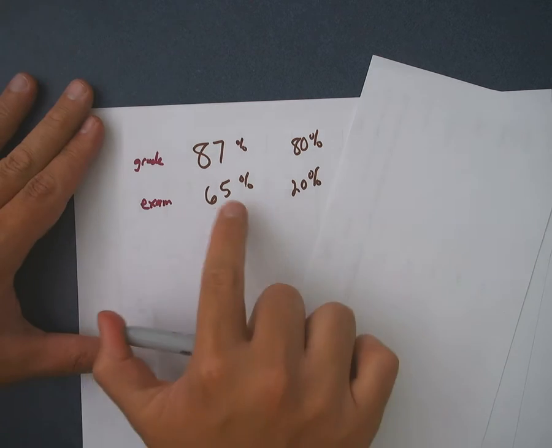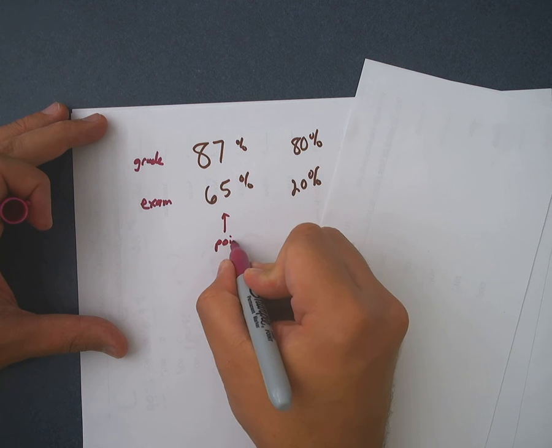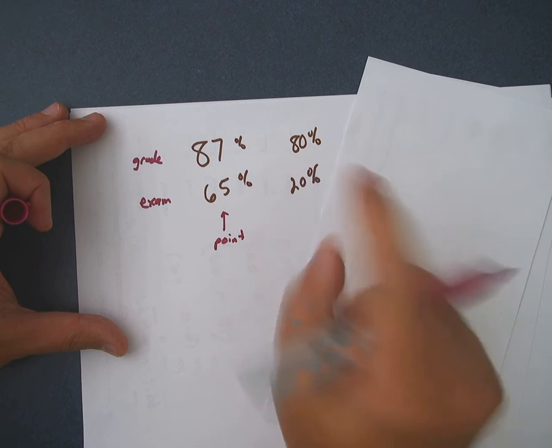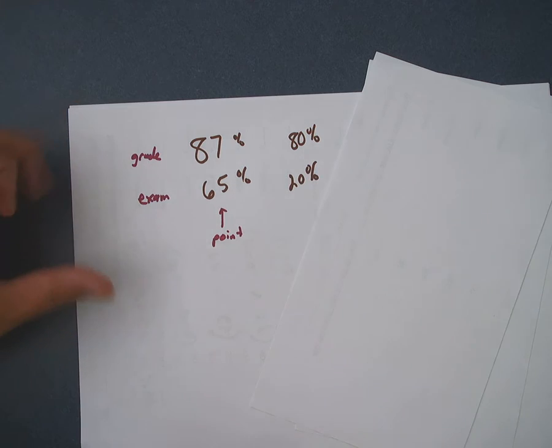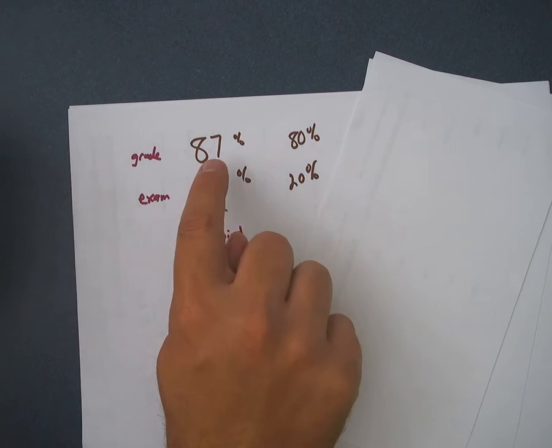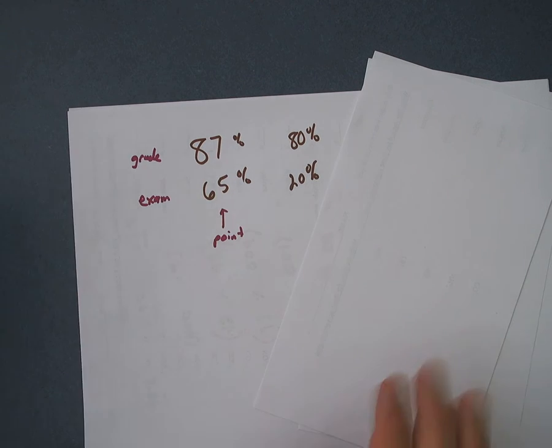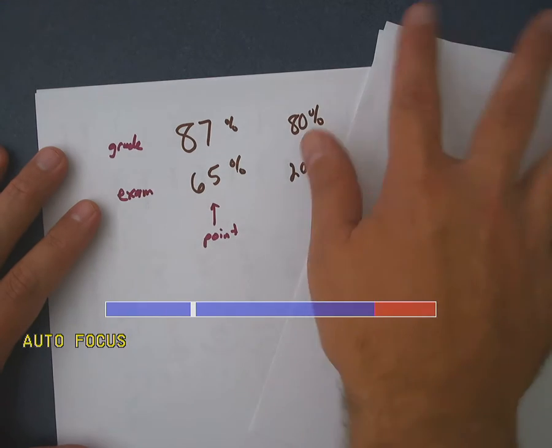It's 65%. So these are kind of like the points for your score. And over here, this is showing the percent that each is worth, right? The final exam counts as 20% of your overall grade, and the other work counts as 80% of your grade, right? So how do you calculate your overall grade?